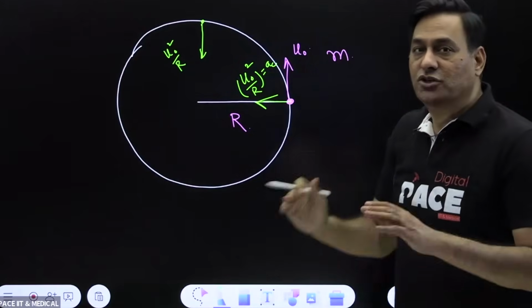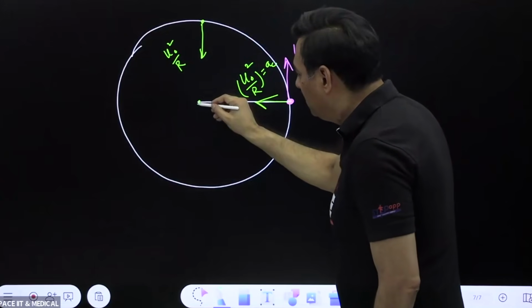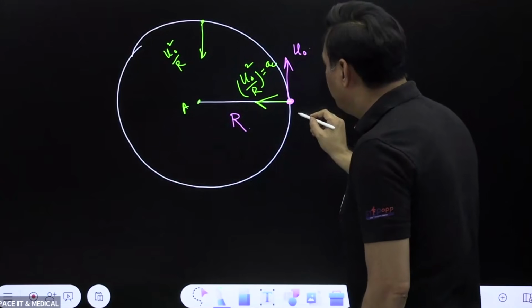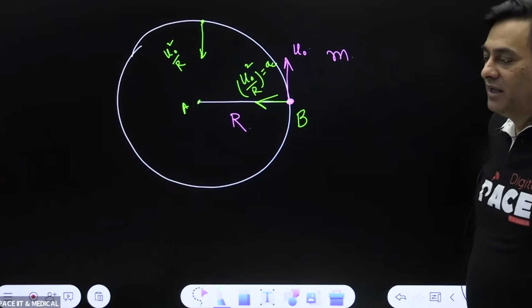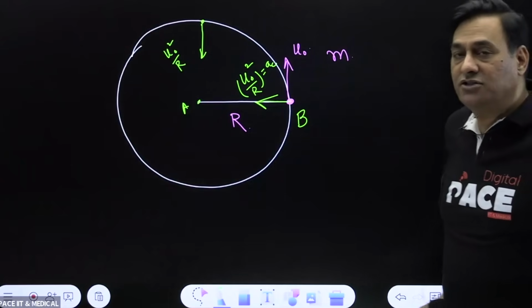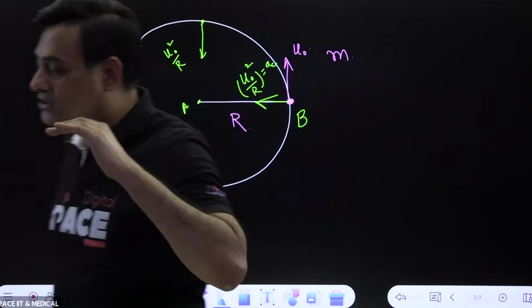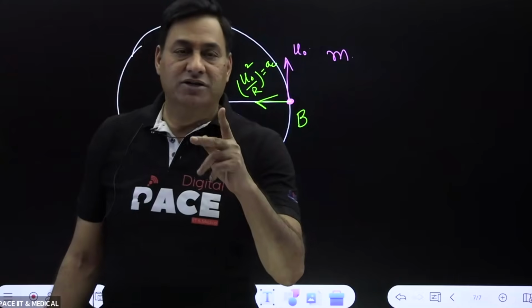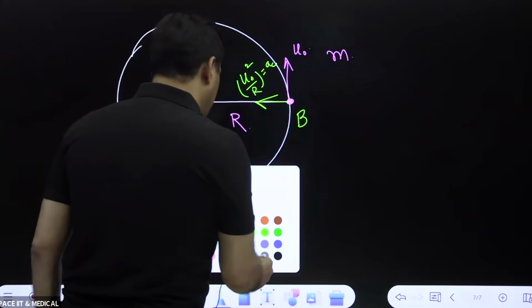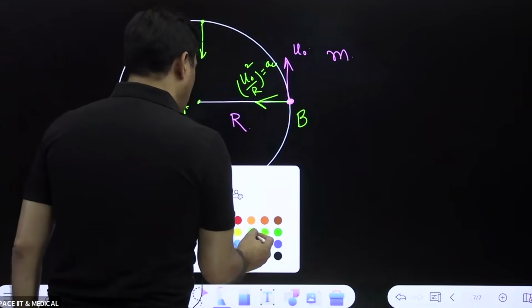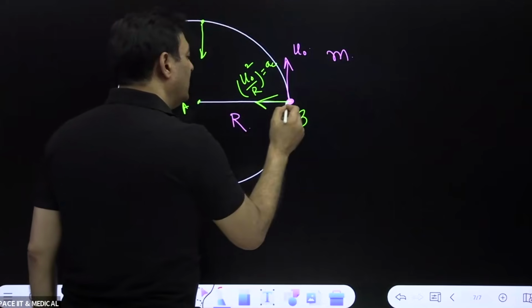Now, if I ask you, this body is tied to a string AB, this is A, this is B. Find the tension in this string. So what will you do? For circular motion, your important directions are radial direction and tangential direction, so you will mark all the forces in the radial and tangential directions.